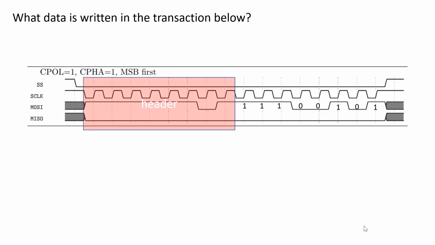What data is written in the transaction below? So we've got 8 bits of header, 8 bits of data. We're writing because MOSI is active. And so you have to basically separate the header from the data. And the only way to do that really is just count 8 cycles. So 1, 2, 3, 4, 5, 6, 7, 8. And then that brings us to here.